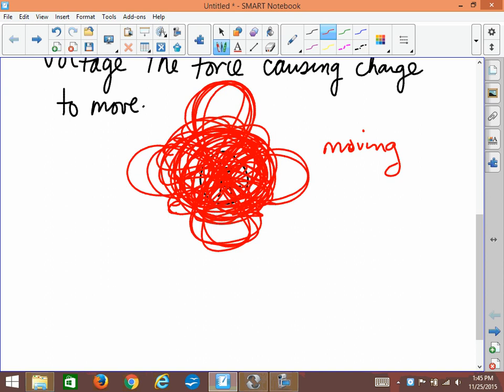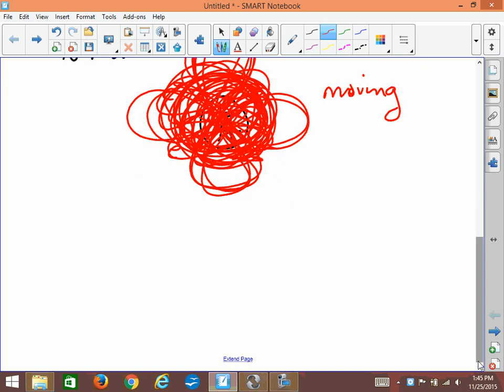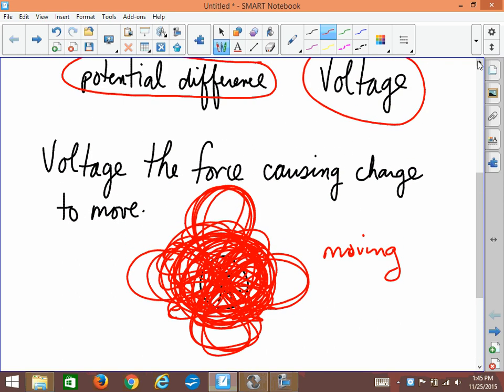And so that means that if they want to move, what makes them move? It's voltage. Voltage makes electrons move. In our definition here, we said that voltage is the force causing charge to move. But since electrons are the only things that can move, we could also use the word electrons here.